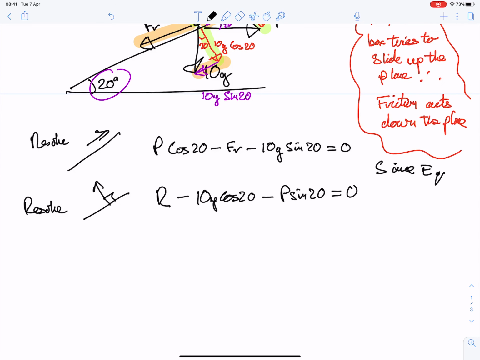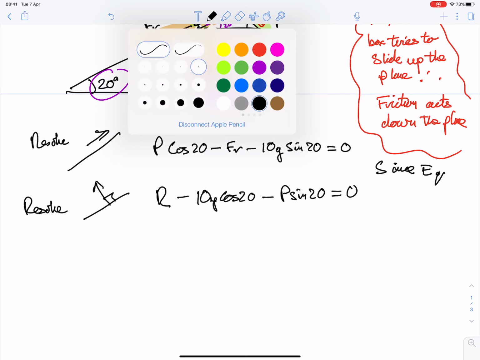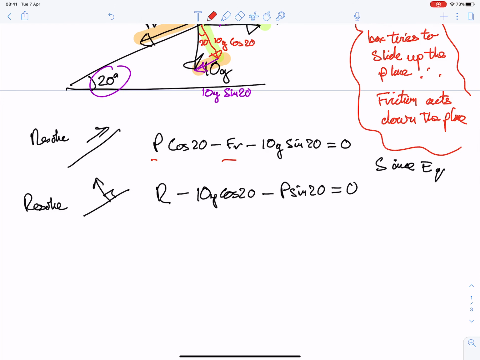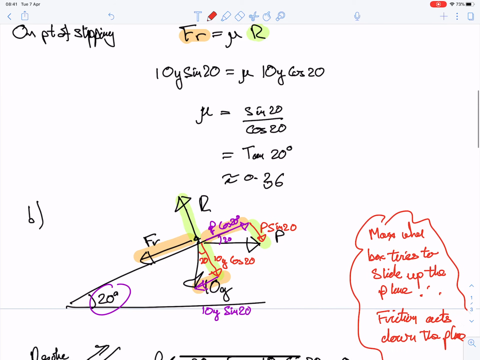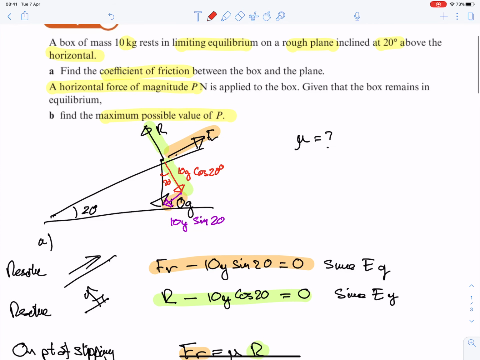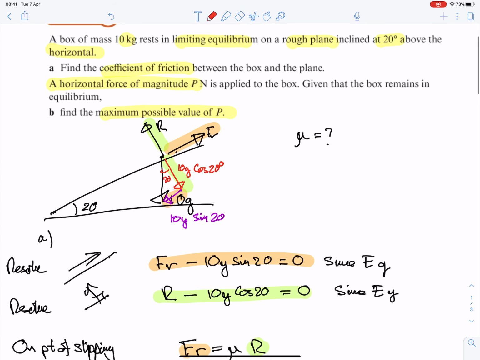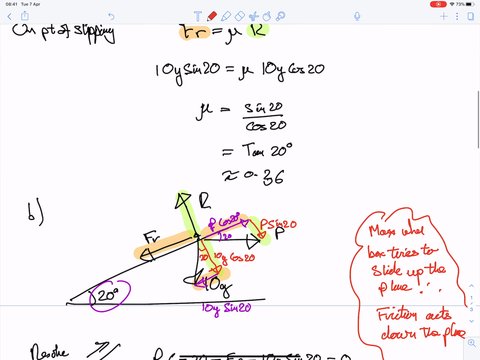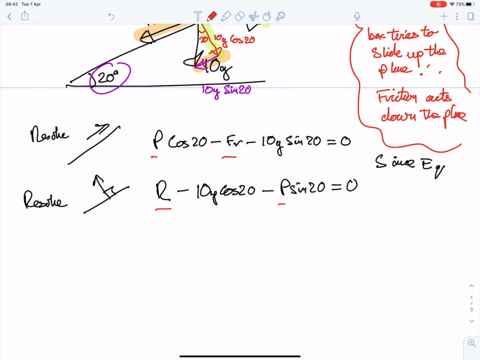So here, friction. We've got the usual situation where it looks like three unknowns again: P, friction, R. What have we been asked to find? Okay, so find the maximum possible P. We know mu this time because we've worked it out earlier: mu equals tan 20.